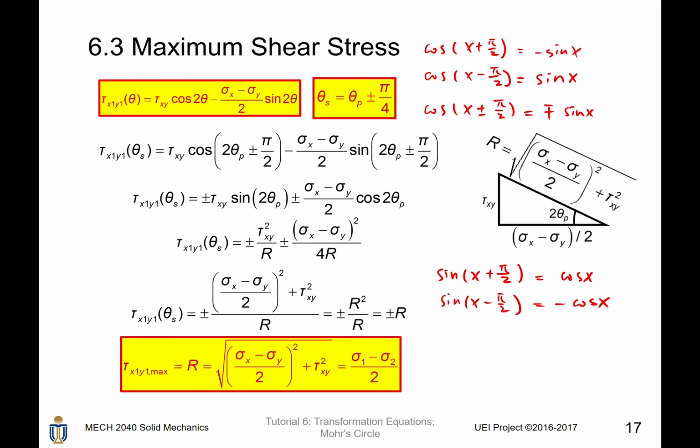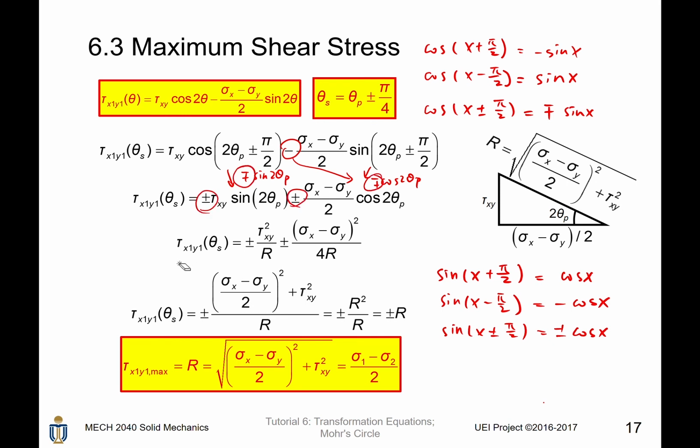Then we have sine x plus or minus pi over 2 equals plus or minus cosine x. So here it will become minus or plus sine 2 theta p. Here it will become plus or minus cosine 2 theta p. But luckily there is a negative sign assigned here such that it becomes minus or plus. So eventually you can write both minus-or-plus as plus or minus.